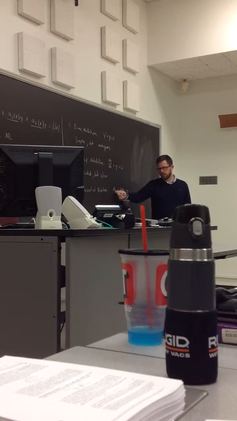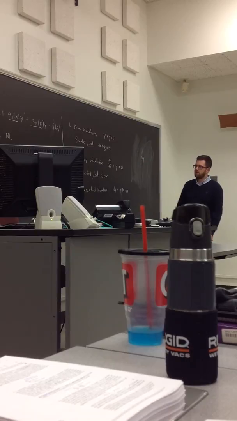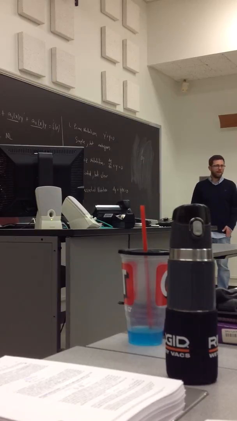Okay, who knows what this means though? dy. Change in y. Change in y is this. They're related to each other, but they're not quite the same. Anyone know what the difference is between dy and delta y?